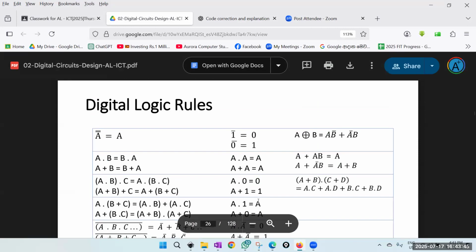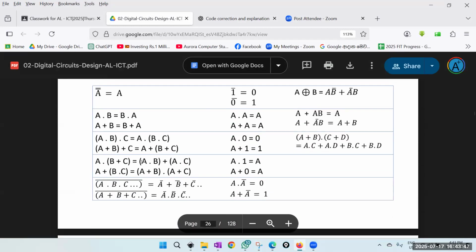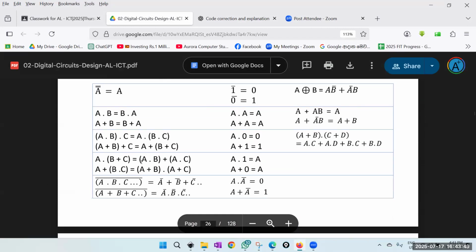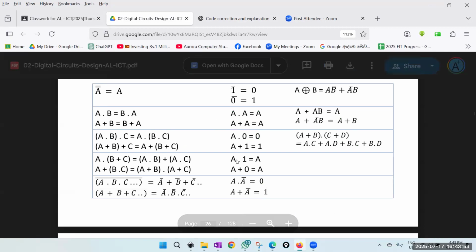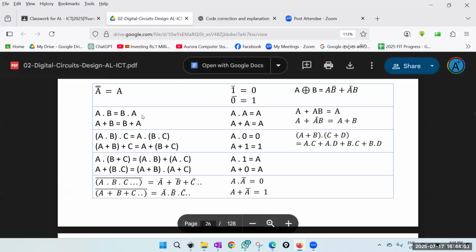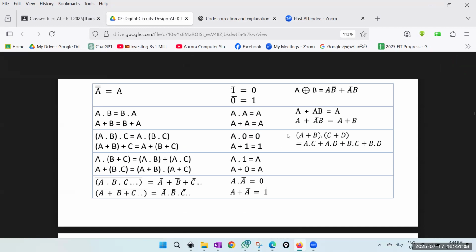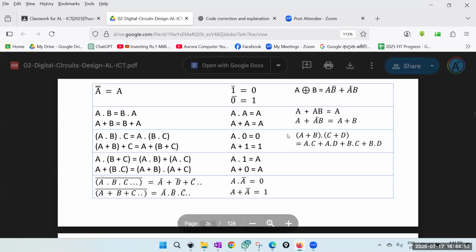Right. So these are the 23 rules. So how many do we use? We use A dot 1 is A, A plus 1 is 1, A plus A bar B is A plus B. So we use all these rules. And also we use A dot B same as B dot A. We use A dot B plus C is A dot B plus A dot C. I think we use about 6, 7 rules.